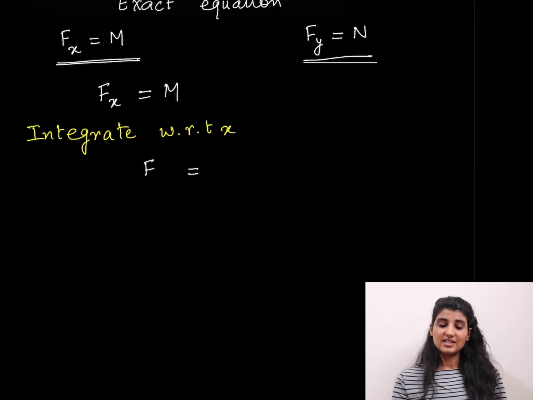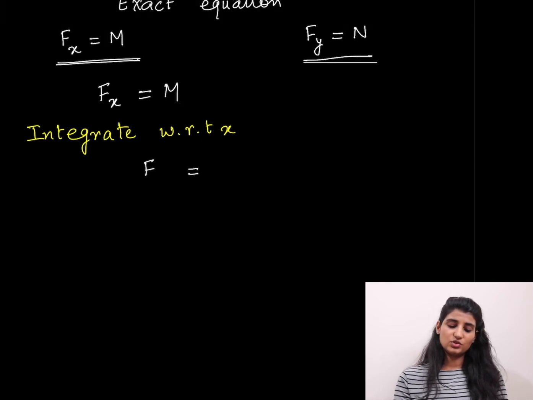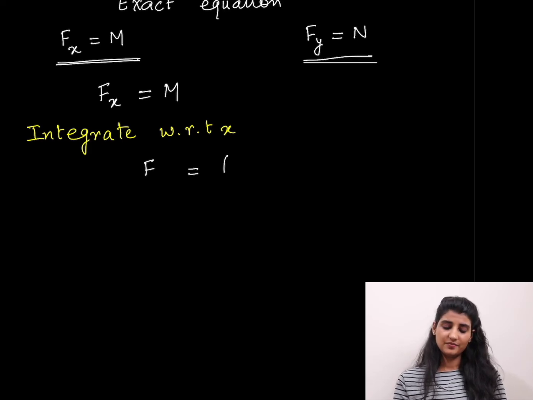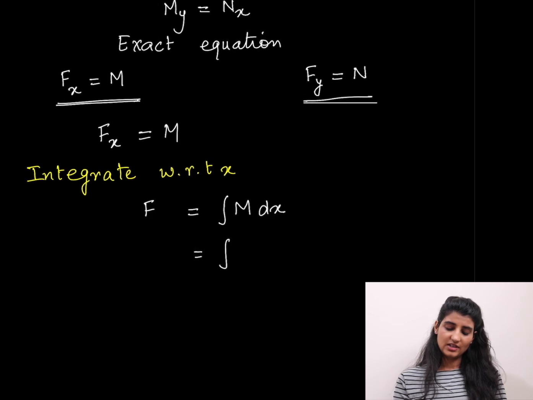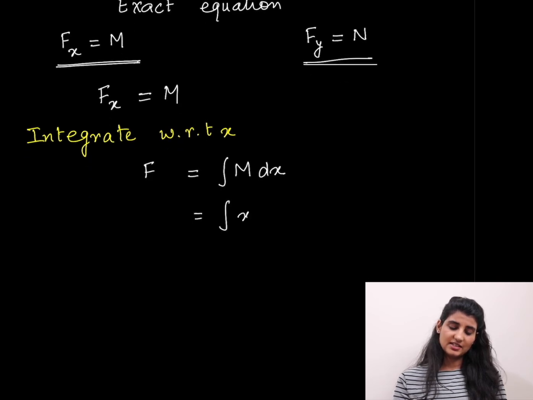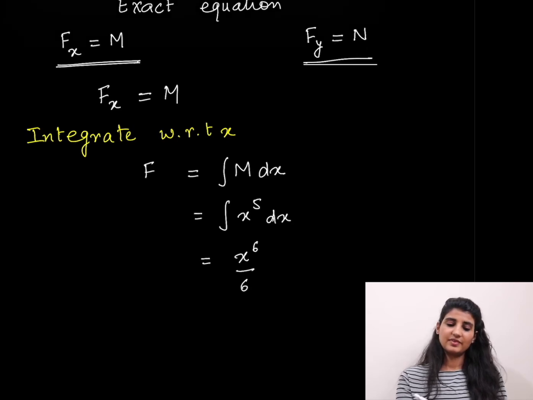On the left hand side, we were taking the derivative with respect to x, so you get f back. On the right hand side, we will get the integration of M dx. Our M in this case is x power 5 dx. So we will get x power 6 divided by 6.